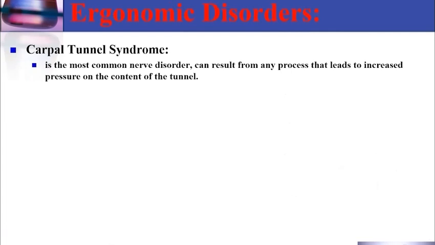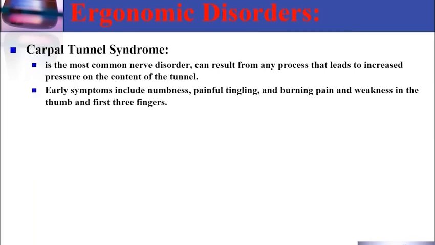Carpal tunnel syndrome is the most common nerve disorder, and can result from any process that leads to increased pressure on the contents of the tunnel. Early symptoms include numbness, painful tingling, burning pain, and weakness in the thumb and the first three fingers.